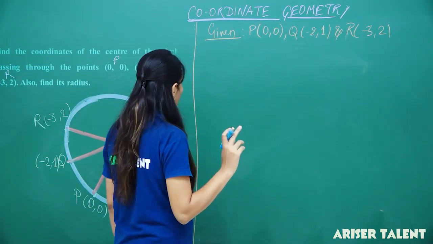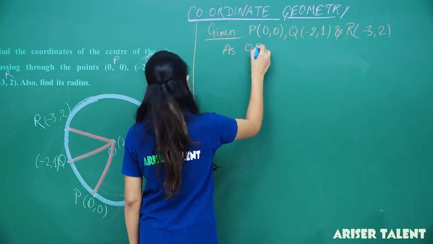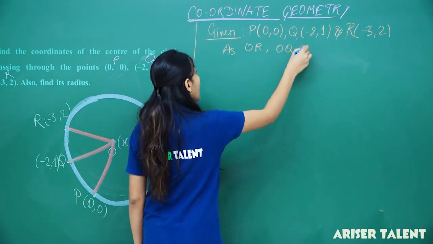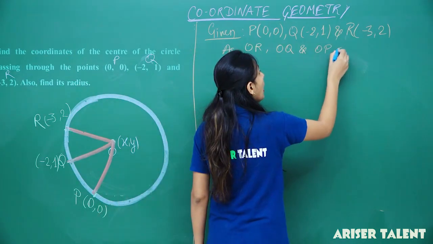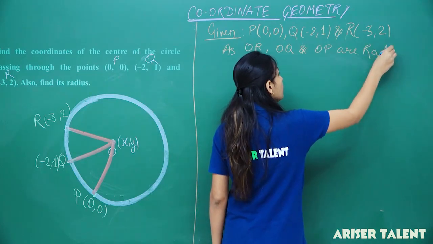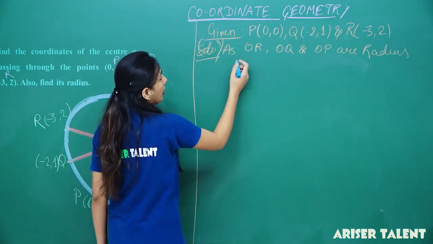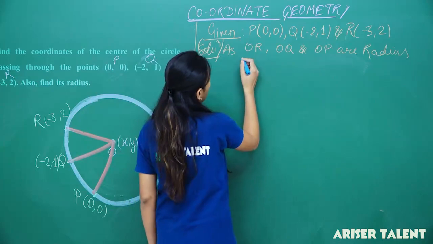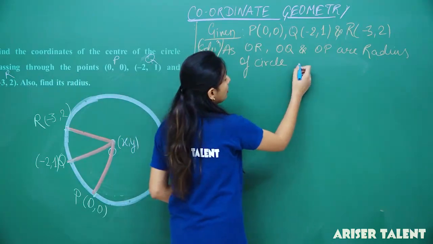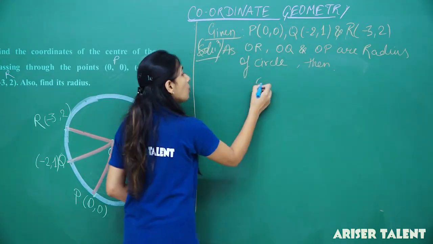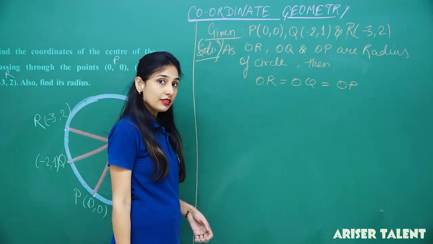As OR, OQ and OP are radii of the given circle, then OR equals OQ equals OP, isn't it?